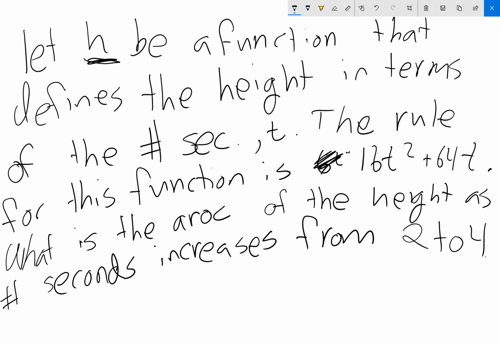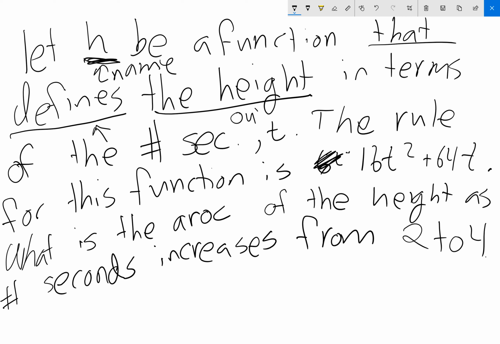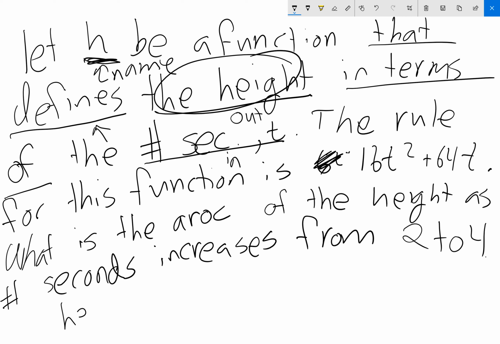So let h be a function. That is our name. That defines the height. Whatever it's defining is our output. So this is our output. In terms of, so where we see in terms of, with respect to, given, all that stuff, whatever follows is our input. Okay? So we know that our output is the height. So I'm just going to write height here.